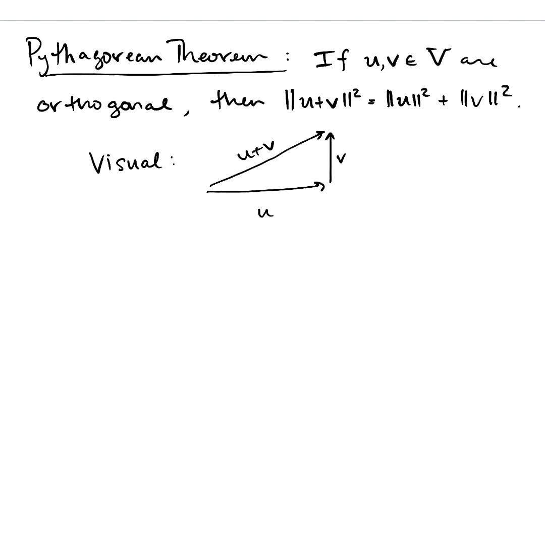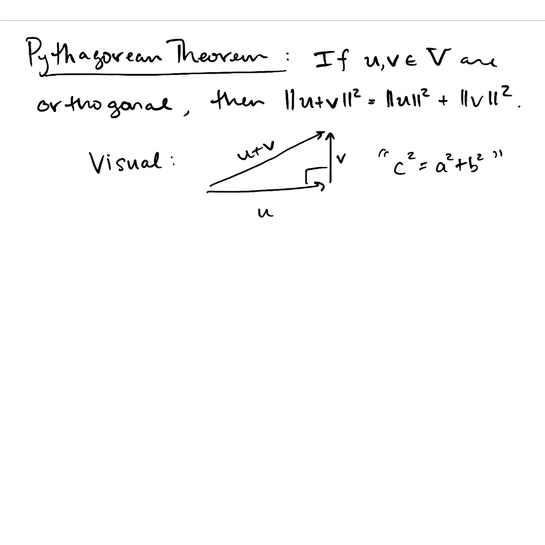And since u and v are orthogonal by hypothesis, that means this is a right angle. That's what orthogonal means. It means perpendicularity when it's genuinely R2. Then you can see Pythagorean theorem is simply c squared equals a squared plus b squared.